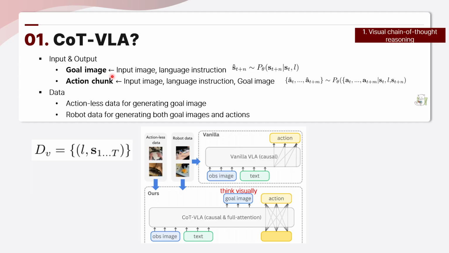This is the first contribution of the paper. Furthermore, the framework generates an action sequence, which is now called action chunk. And actionless data consists of language instructions and visual images at each time step.